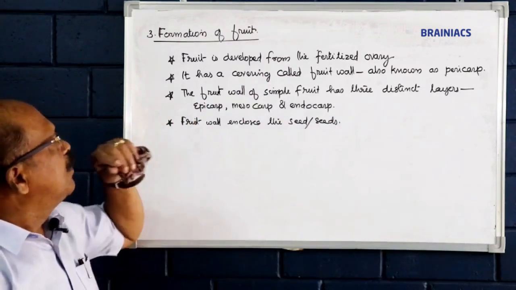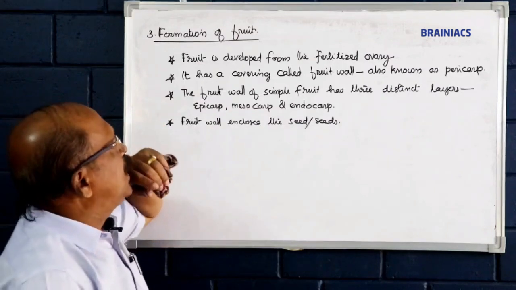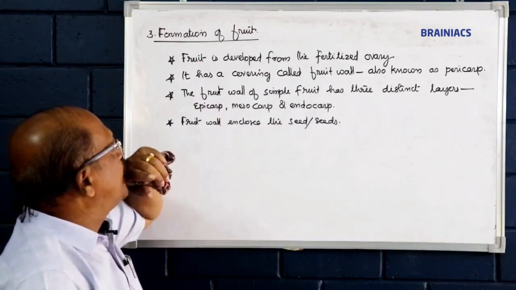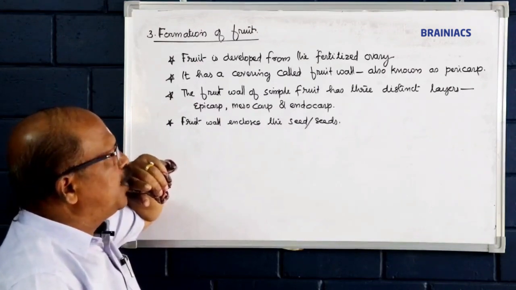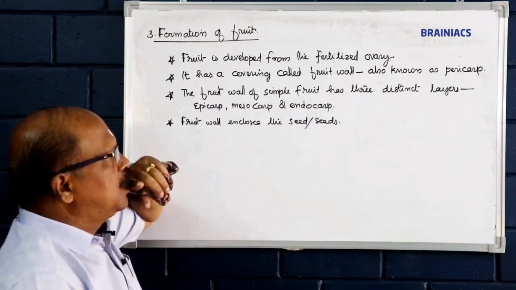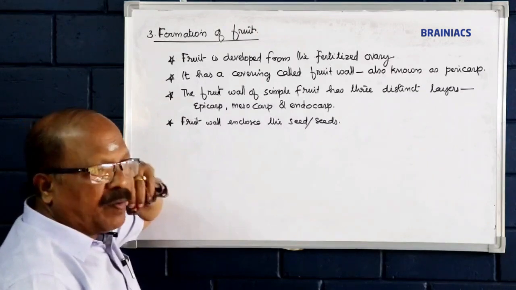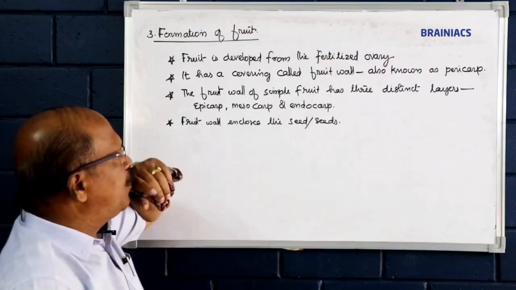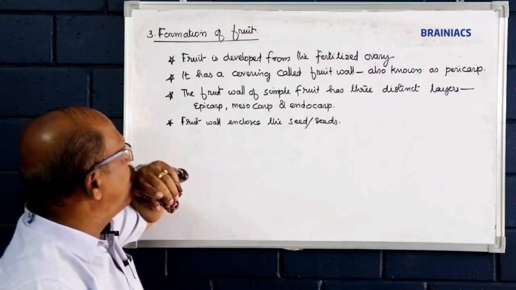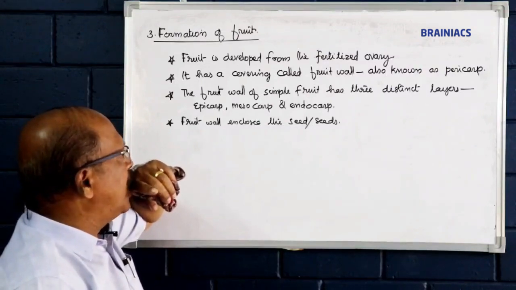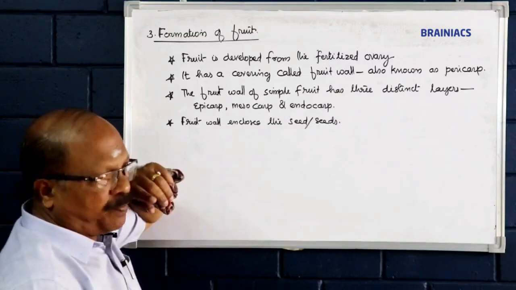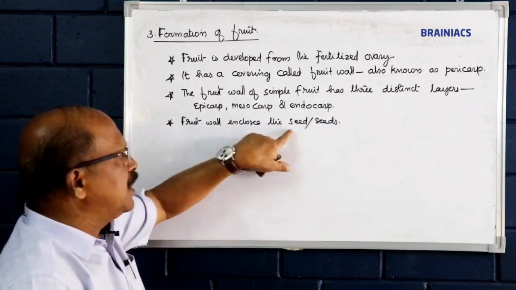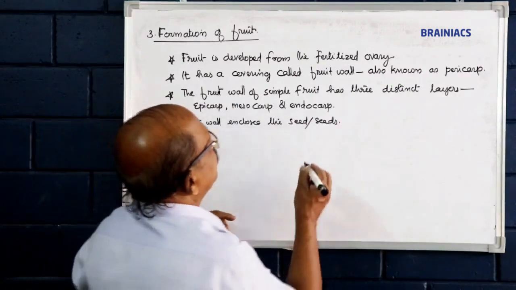See, formation of fruits. Fruit is developed from the fertilized ovary. It has a covering called fruit wall, also known as pericarp, developed from the ovary wall. The fruit wall of a simple fruit has three distinct layers: epicarp, mesocarp and endocarp. Endocarp encloses the seeds.